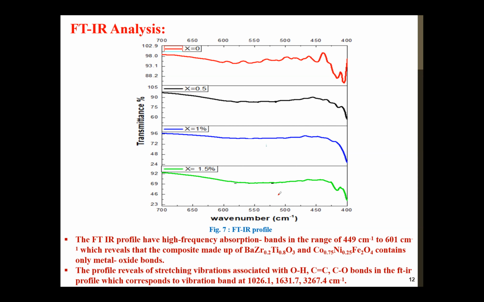With the increase of graphene oxide composition, there is a gradual disappearance of peaks, which is evident from the XRD also, where the secondary peaks are merging and becoming a sharp peak with the increase of graphene oxide, and there is a shift. The profile also reveals stretching vibrations associated with the OH bond, C=C double bond, and C-O bond, corresponding to 1026, 1631, and 3267, observed for the 1.5% graphene oxide composition.